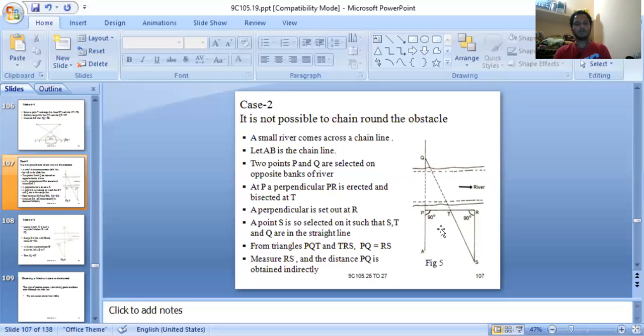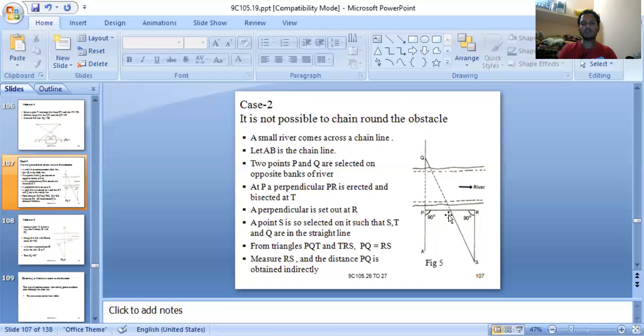I will explain again because this looks somewhat typical for you. It is not that difficult. It is very easy. First, we have to select points P and Q on both sides of the river. Erect a perpendicular at P and divide it into two parts. The center point is marked as T. At R, erect another perpendicular and find a point S such that S, T, Q lie in the same line.